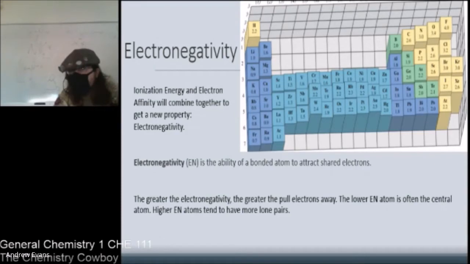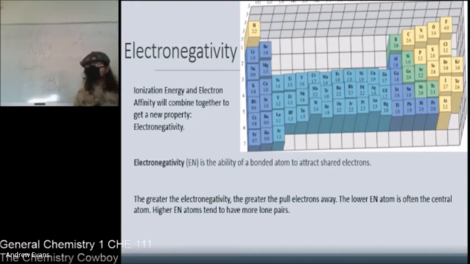We learned last chapter about ionization energy, how easy it is to lose an electron, and the electron affinity, which is how much energy is gained when you gain a new electron. When we think of those two in conjunction with each other, we get electronegativity, which is the ability of a bonded atom to attract a shared electron.